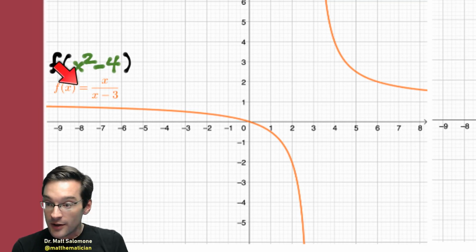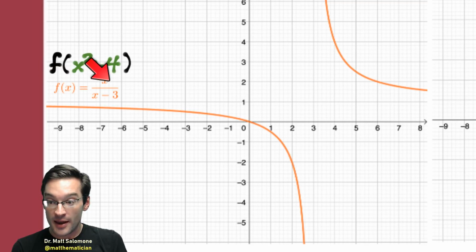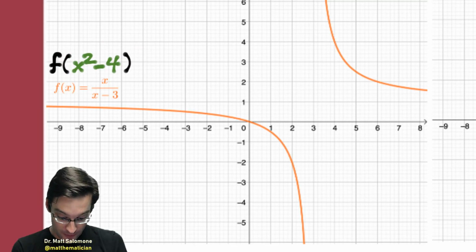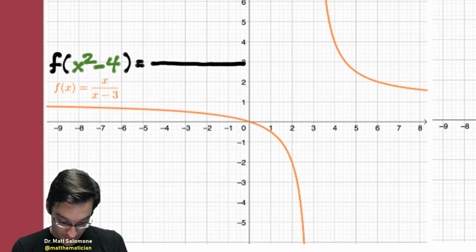If my rule for f of x is x over x minus 3, then everywhere we have an x in this rule, we're going to replace it with x squared minus 4. So I get x squared minus 4 in place of my x upstairs, and downstairs I'm going to have x squared minus 4 minus 3.